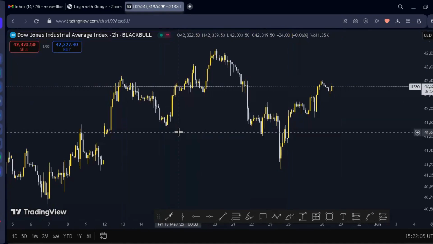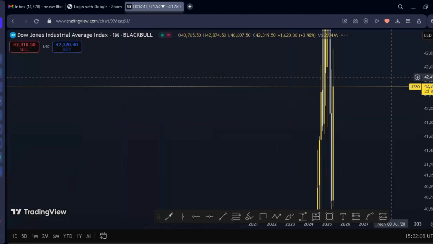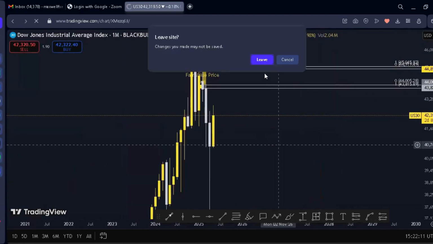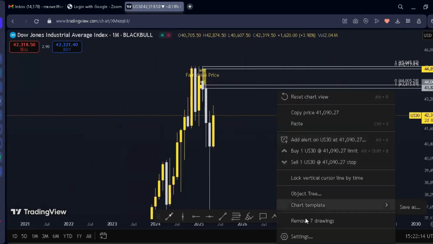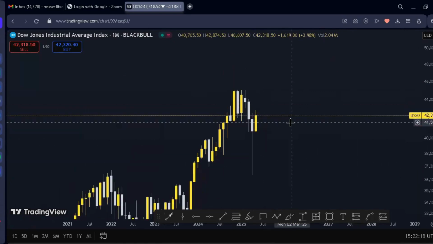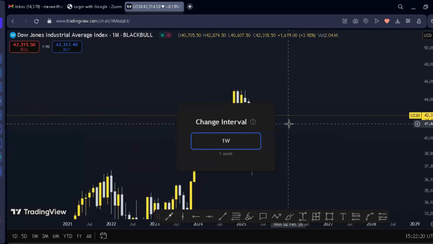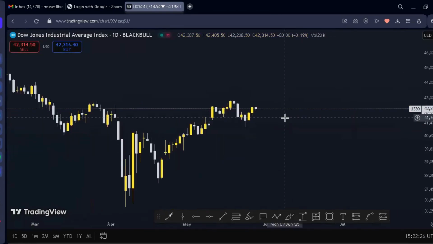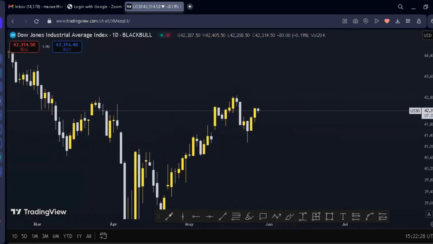Okay. Going to a monthly time frame. We are very, very bullish. Weekly, bullish as well. Daily, bearish. So we need to be looking for buying opportunities.